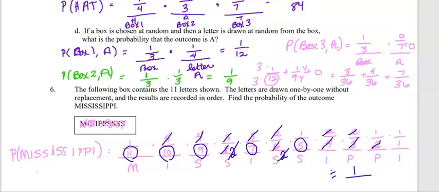So we're going to take 11 times 10 times 9 times 7 times 5, and that gives me 34,650. So like I said, the chances of that happening were going to be slim. The probability of it happening is 1 in every 34,650 times.